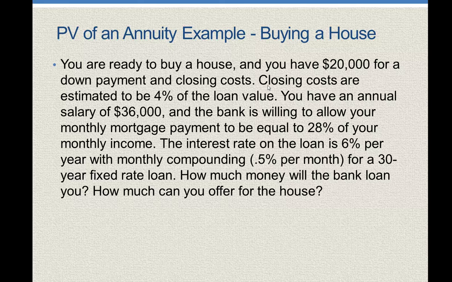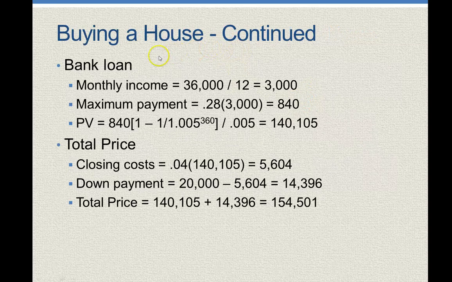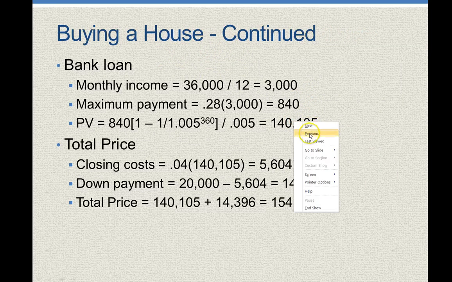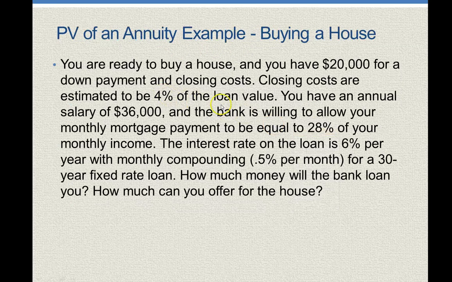Those fees are all considered closing costs, and you have to pay them upfront. So here the setup tells us closing costs are estimated to be 4% of the loan value. That means if you can figure out the loan value, you can also figure out the closing costs.